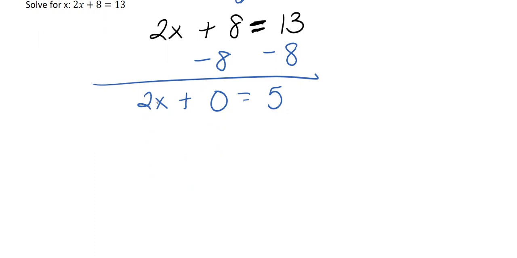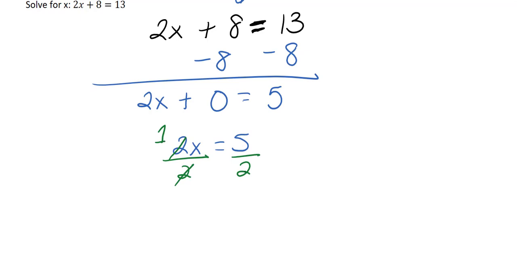So what are we left with? Well, we have 2x, which is equal to 5. So we've subtracted, and so now there's no more adding or subtracting. So now we can go ahead and divide. We divide by 2 on both sides. So this crosses out and that just becomes 1.